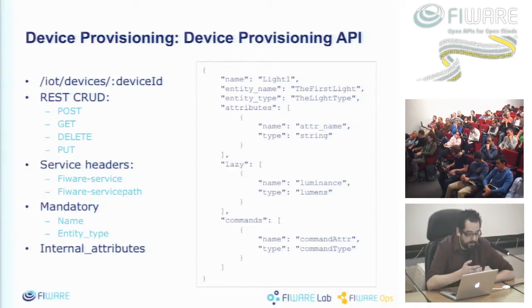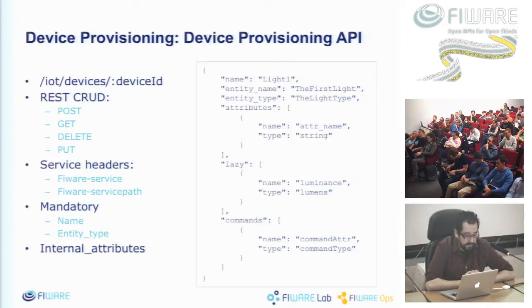All this information will be stored along with the information you provide. There are more attributes in the device provisioning request than those shown in the example on the right. But the only one that will be used in the exercises is the internal attributes one.